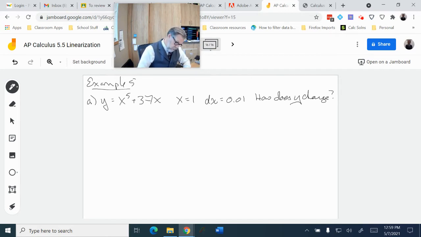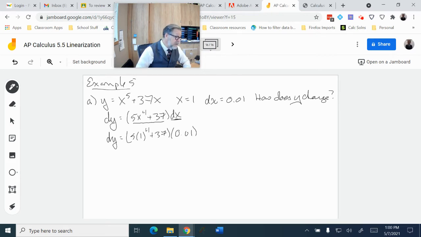So what do I know? Well, I know that dy is equal to 5x to the 4th plus 37 times dx: the derivative of y with respect to x, f prime of x, and the infinitesimal change in x. Which means that the change in y will equal 5 times 1 to the 4th plus 37, multiplied by 0.01, which is 0.42.